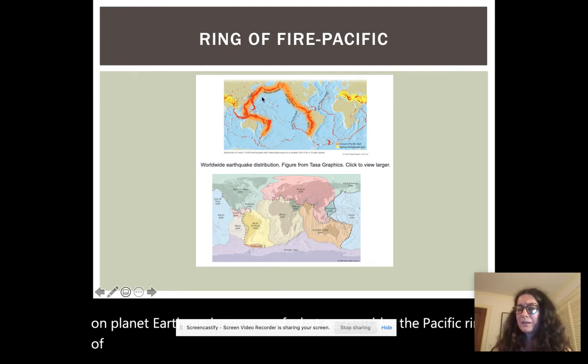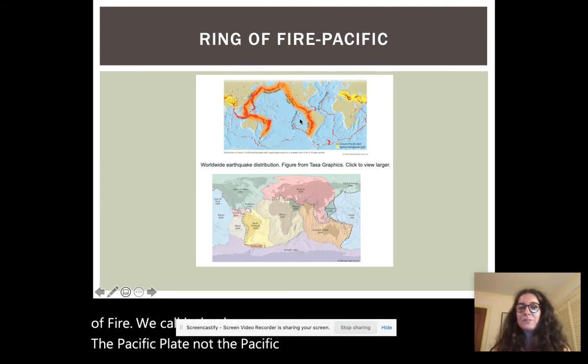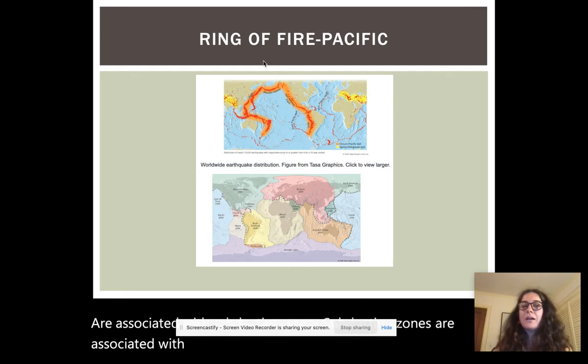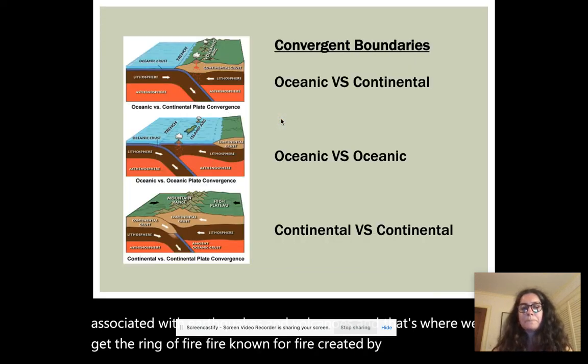We call it that because the Pacific plate, not the Pacific islands or Pacific Ocean, is associated with subduction zones. Subduction zones are associated with earthquakes and volcanoes, and that's where we get the Ring of Fire, known for fire created by volcanoes.